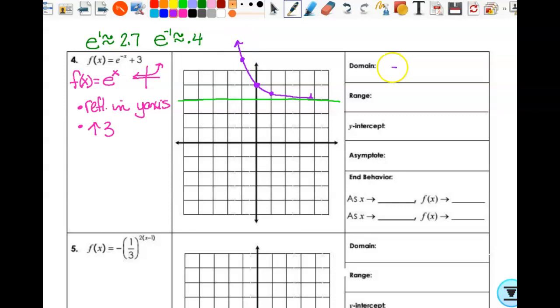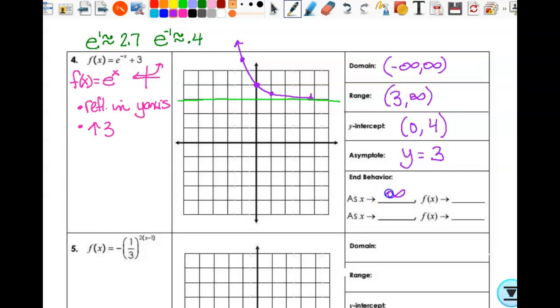Domain here, still negative infinity to infinity. Range, where do I start? 3 and go to infinity. My y-intercept is 0, what? 4. Asymptote is at y equals 3.